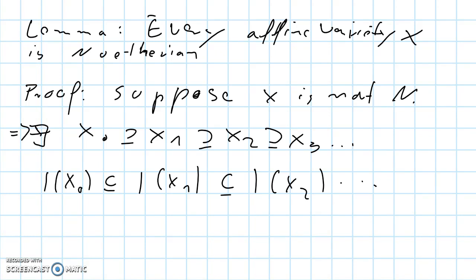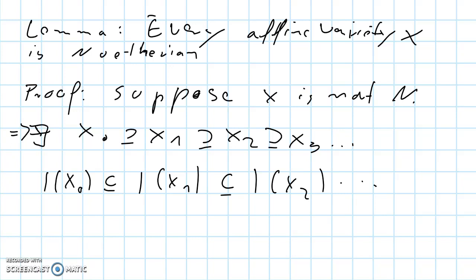So if you have a strictly decreasing chain of closed subsets, and you apply this inclusion reversing operation, namely I, to this chain, you get a strictly growing sequence of ideals.